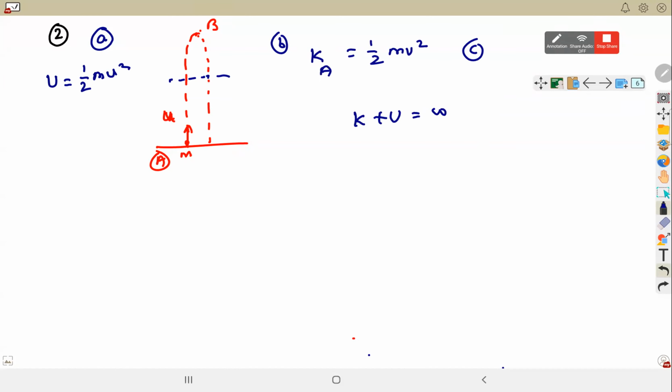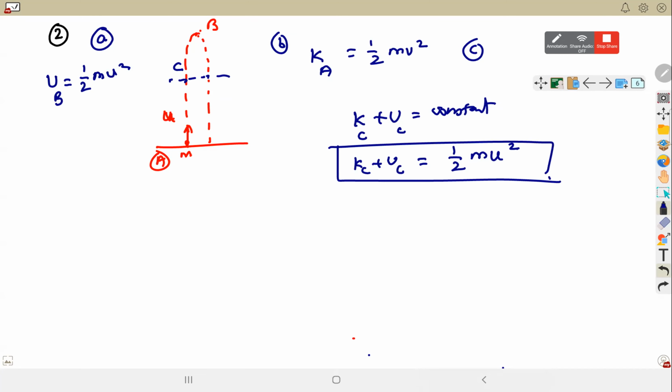Kinetic energy at point A, potential energy at point B, and at any point C in between, kinetic energy plus potential energy at C is constant, and it is the same as the total energy given at the beginning. By conservation of mechanical energy, the total energy always remains constant.